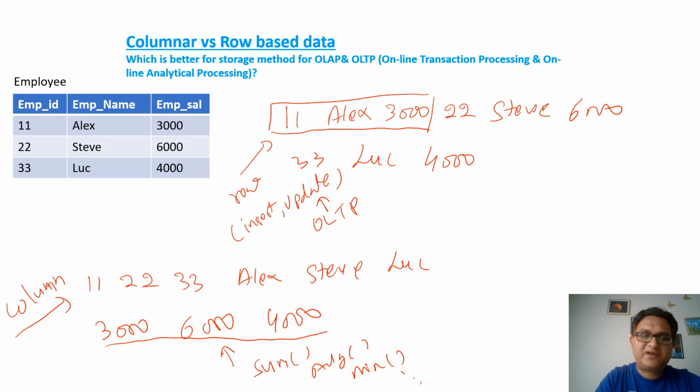All these operations will be easy because you are focusing on the particular column, applying the aggregation function, and getting a result. So in this case, if you are doing a sum, it is basically 13,000. If this kind of operation is there, then columnar is the best approach. It is more efficient to get a result.